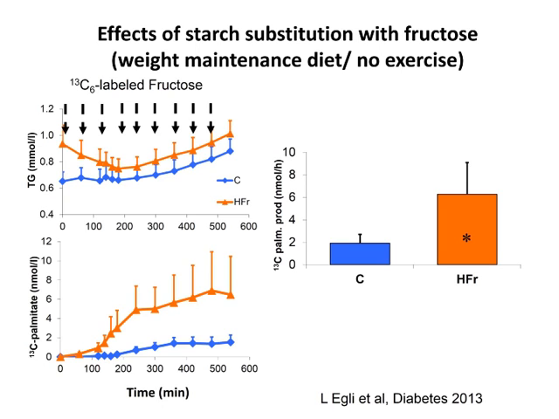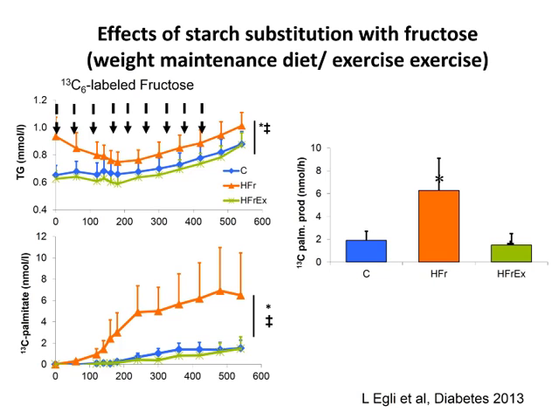And after 6 days, they received a meal with 13C labeled fructose, and we measured 13C palmitate in the blood as an index of de novo lipogenesis. What you see on the top left is that after this 6 days of a high fructose diet, there is a slight increase in plasma triglyceride concentration, but which is significant. And on the top right, you see that there is a marked stimulation of hepatic de novo lipogenesis.